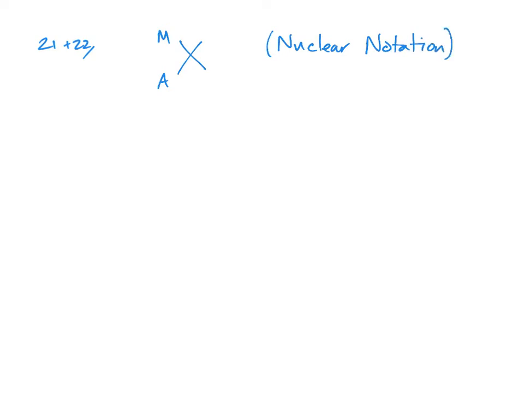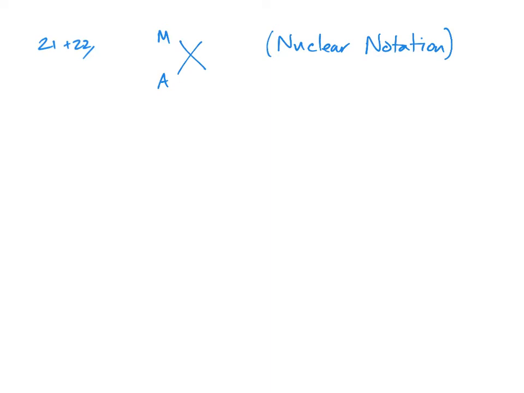You'll find it done in slightly different ways. In this course, and in some textbooks, the mass number M is at the top and the A is at the bottom. Other places you might find it written the other way around, but I'll give you a clue about how you know which one's which.